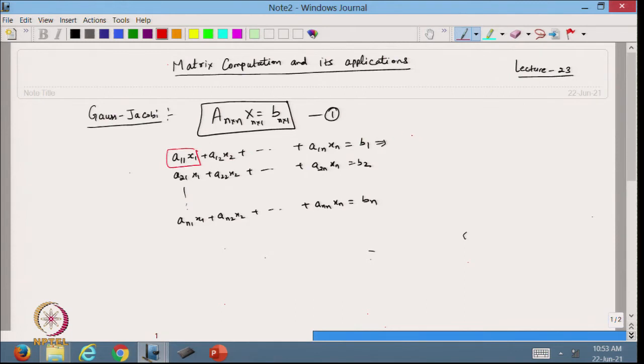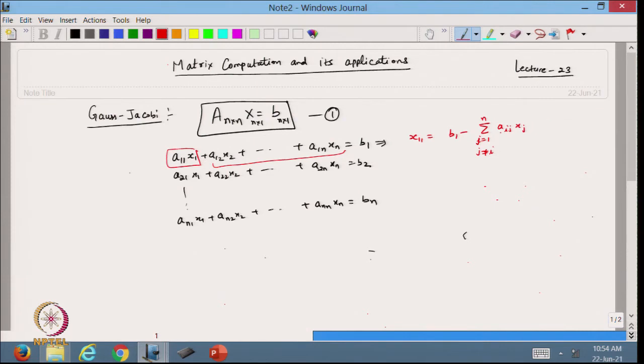So I will have x1 equal to b1 minus the summation of a1j xj, where j moves from 1 to n and j is not equal to 1. This is true for every i.